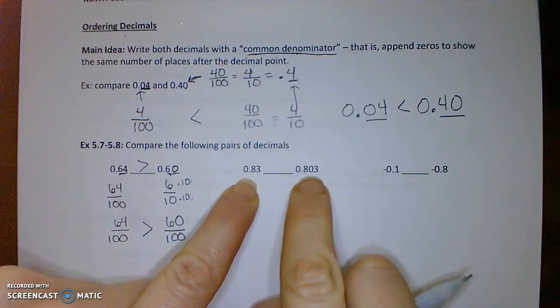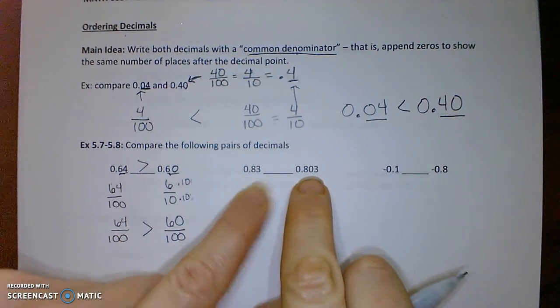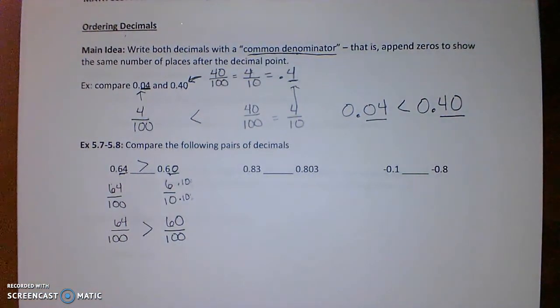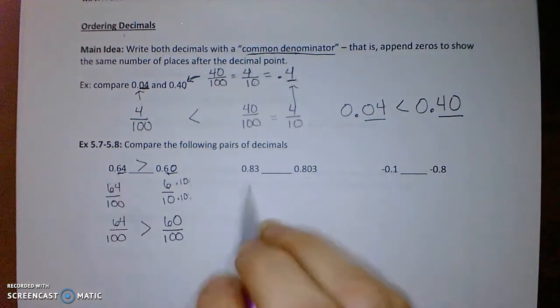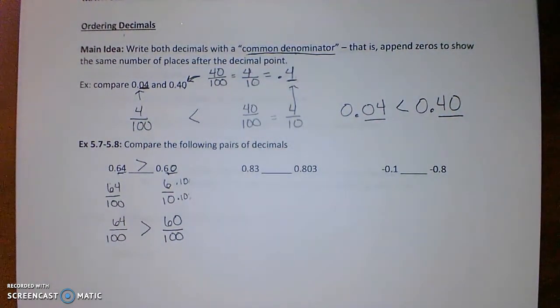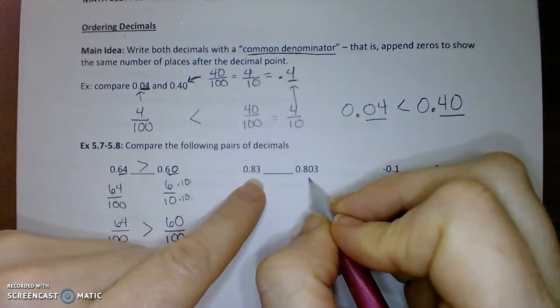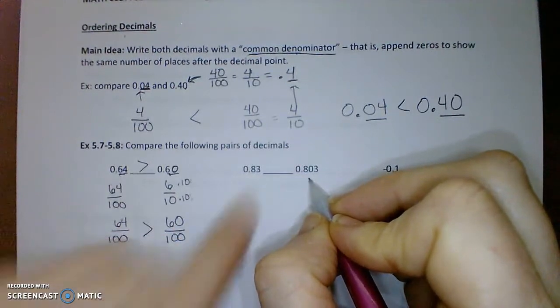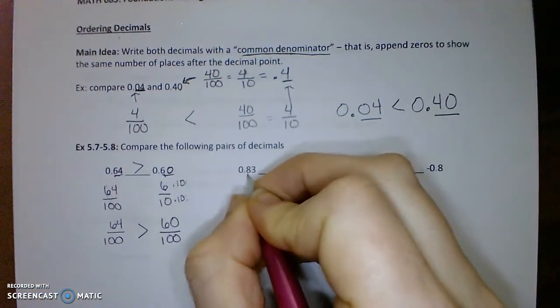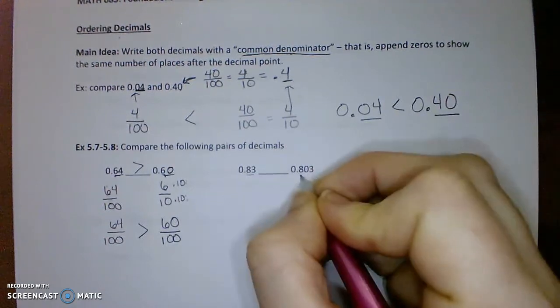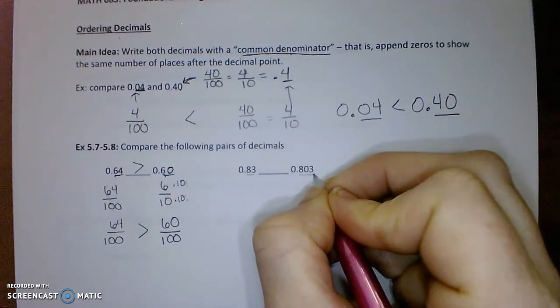All right, let's do this one. 0.83 and 0.803. Again, so many people are tricked into thinking, oh, 803 is greater than 83, so 0.803 should be bigger. However, we can't really compare these two because they don't have the same denominator. So what we do, again, this is 83 over 100. This is 803 over 1,000.